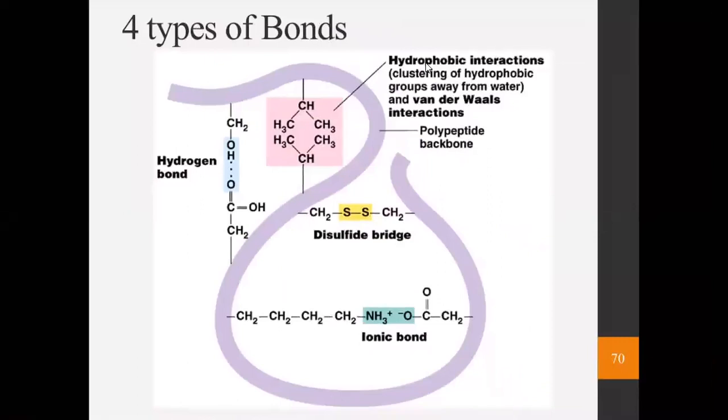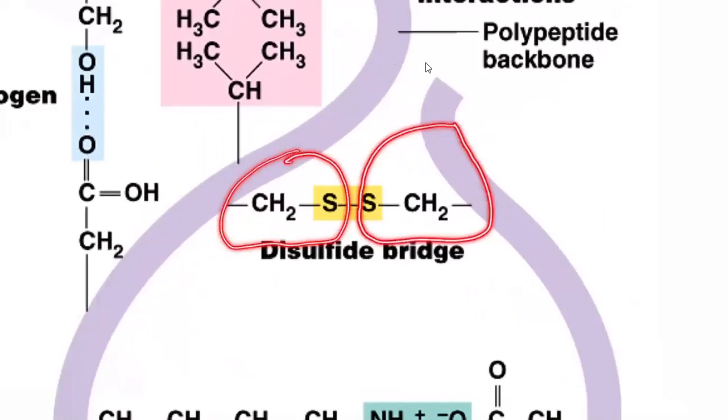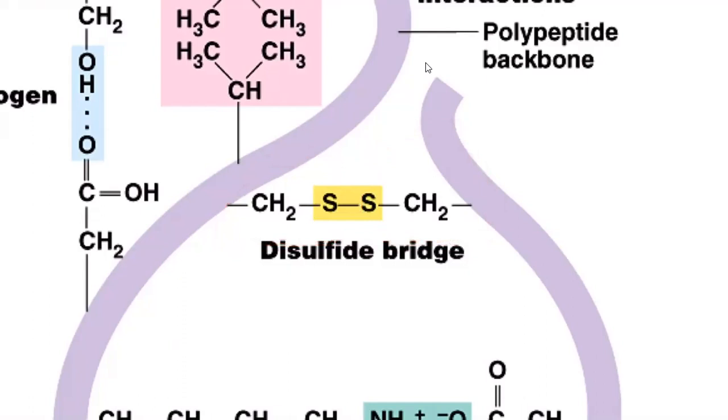एक और बॉन्ड देखते हैं हम, थर्ड काइंड ऑफ अ बॉन्ड. This is an R group and this is also an R group. Both these R groups contain a sulfur atom. Whenever two R groups that contain a sulfur atom lie adjacent to each other, there is a chance that there will be a bond formation between them, and that bond is known as disulfide bridge.